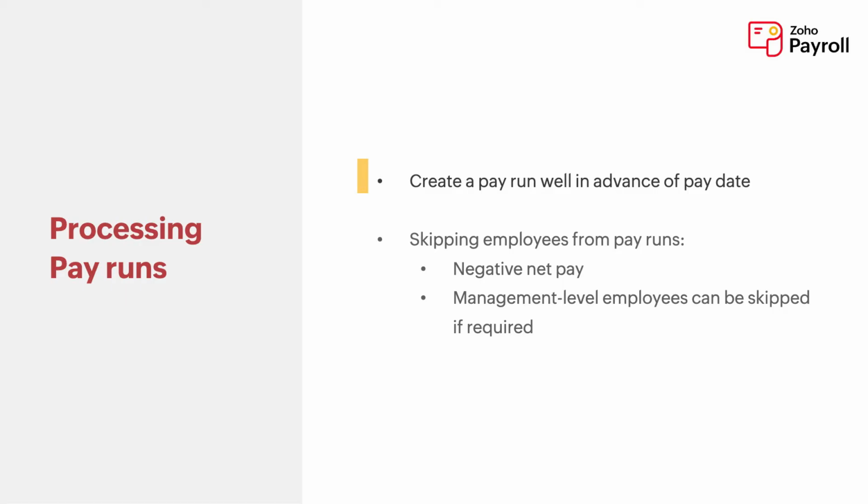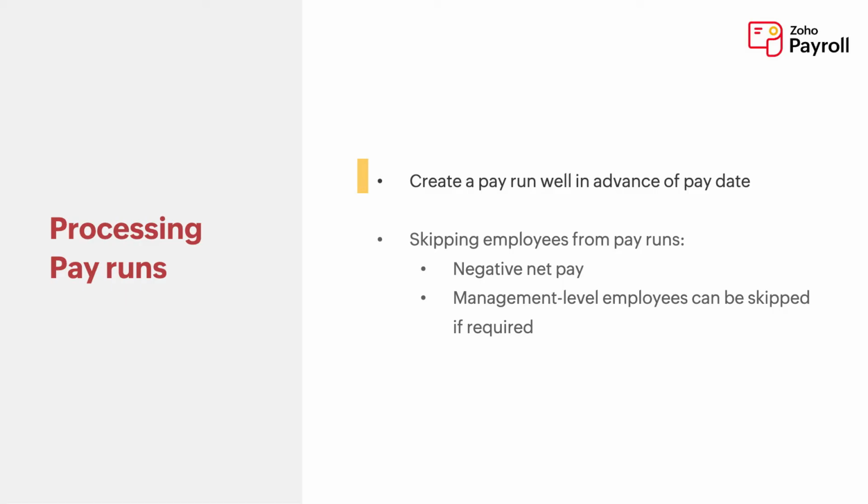In addition to that, let's say you have an employee for whom the TDS reduction is more than their monthly net pay. In that case, their net pay will go into a negative value. So you will not be able to approve a pay run which has negative net pay for any given employee. In such cases, you can skip those employees from this regular pay run, and you can process all of this outside of the system.